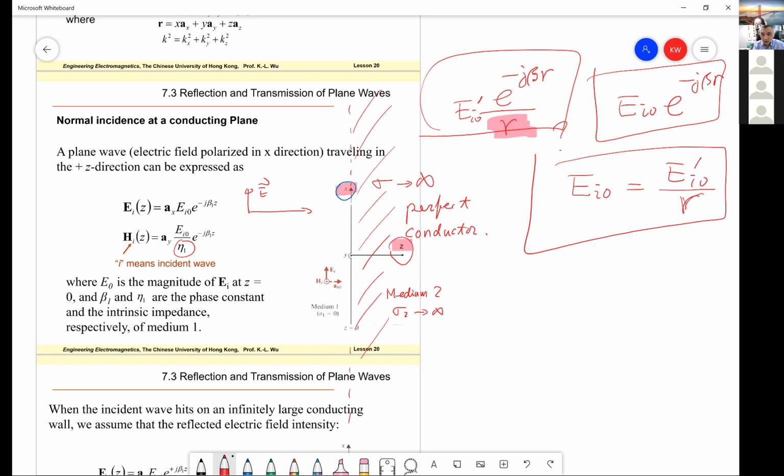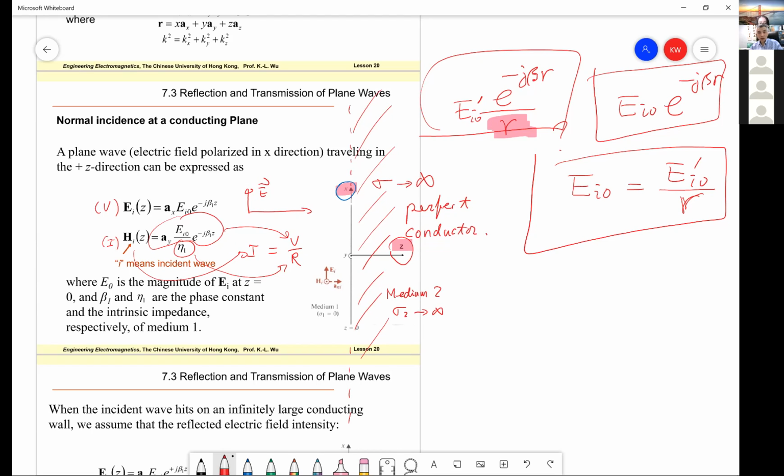If you treat the electrical field like a voltage and the magnetic field like a current, then the current is the voltage divided by resistance, Ohm's law, right? So this is the resistance, this is the voltage, this is the current. Easy to remember for a plane wave.